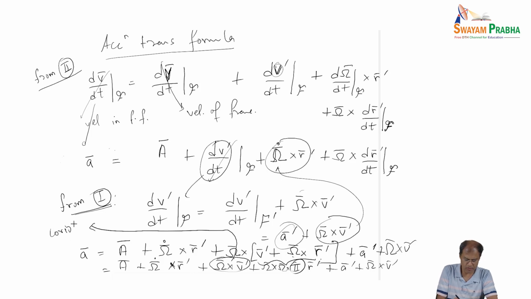Typically these Coriolis terms are not new force terms. These arise because we are looking at the object under consideration in a frame of reference which is fixed. If we look at the same motion of the object in the moving frame, all these Coriolis terms and the second term, the so-called centrifugal term, vanish.